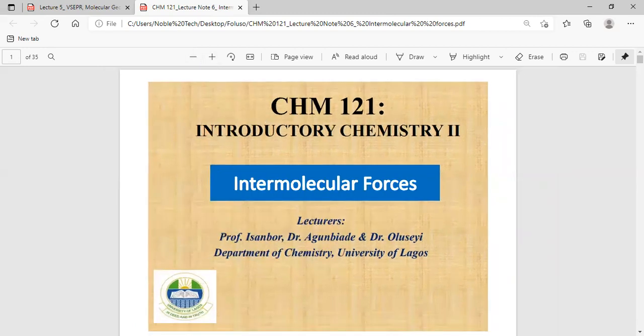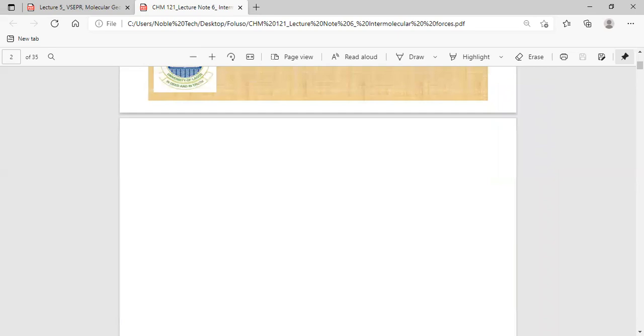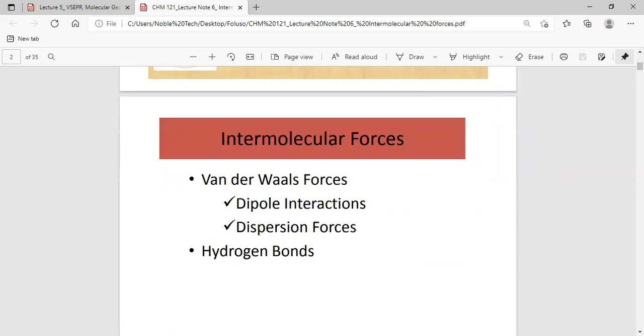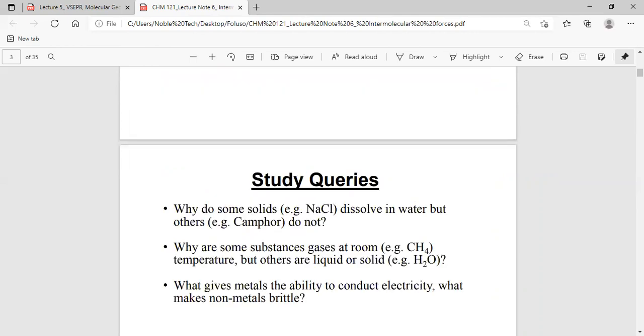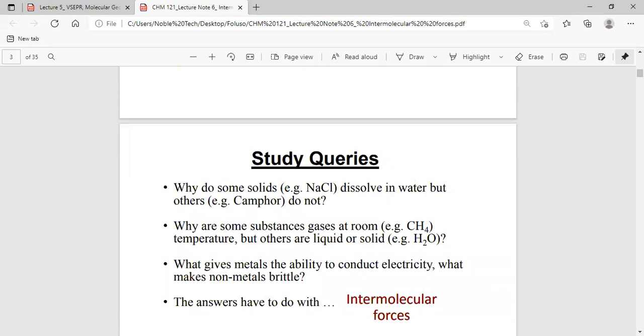Under this, we'll be looking at dipole moments, dispersion force, the two of them being van der Waals forces, and then hydrogen bonds.